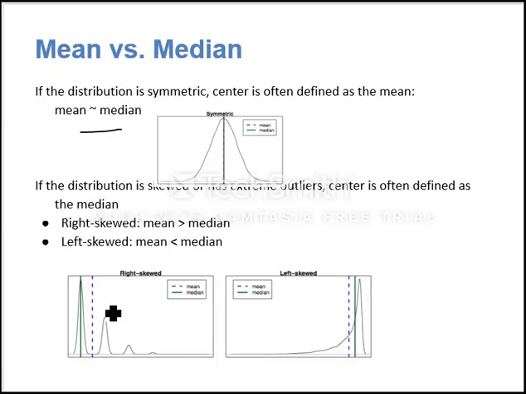But if we see right skewness in data, the mean gets pulled towards those larger observations, so the mean will be greater than the median. Here you can see the mean in the blue dashed line, and the median in the green solid line. In contrast, in a left skewed distribution, the mean will be smaller than the median because it gets pulled downward towards these lower observations, since each observation is equally weighted.